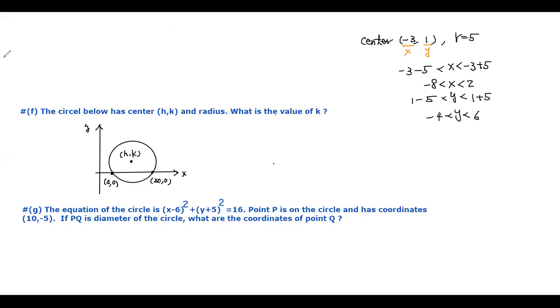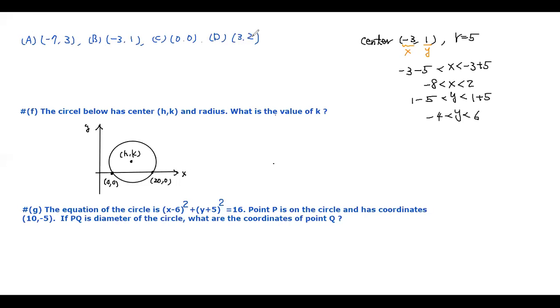The possible answer choices here: I accidentally erased them. A is negative 7, 3, B is negative 3, 1, C is 0, 0, and D is 3, 2.